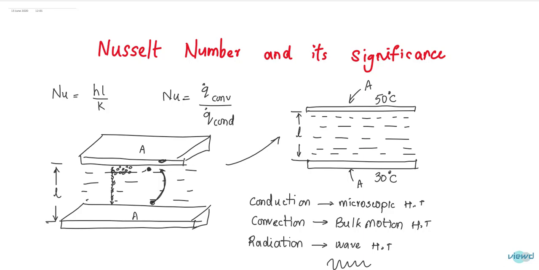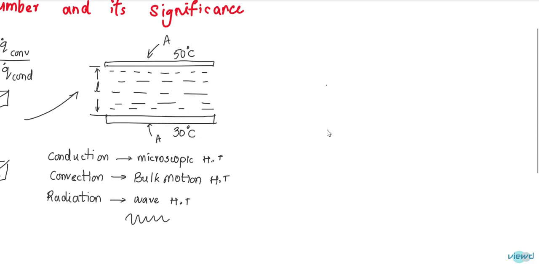Now in this example, what happens? Here this is 50 degrees centigrade. That means the molecules here will be of lower density. As temperature is high, the density will be low.